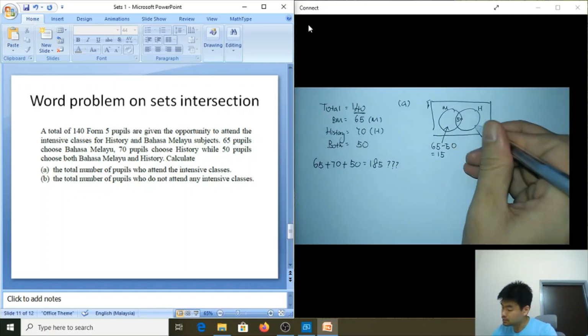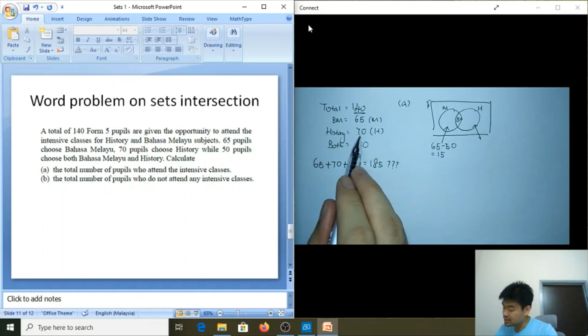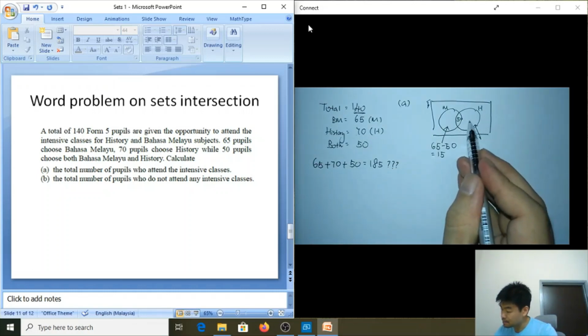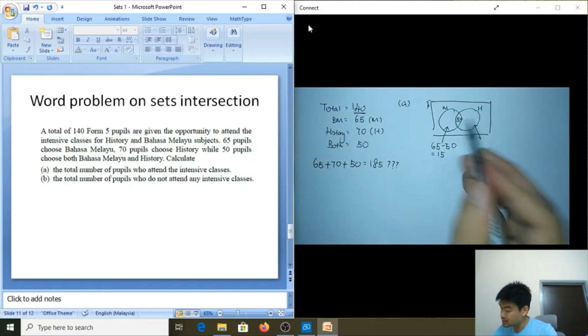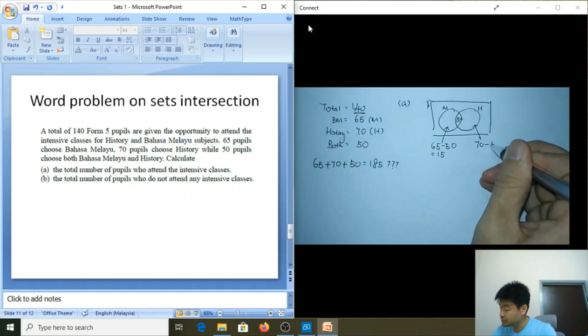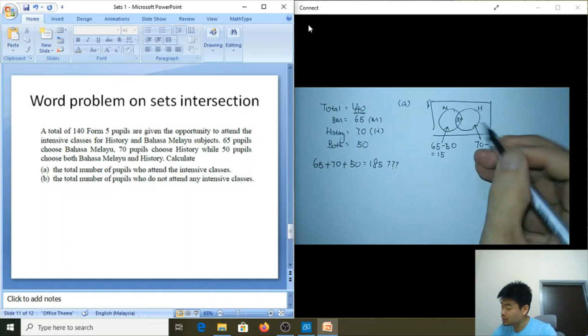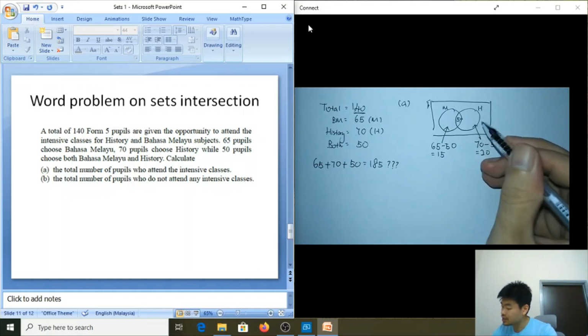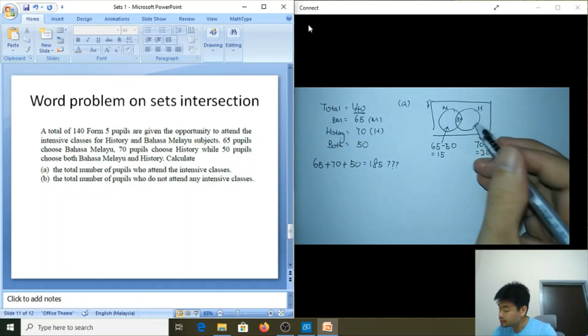How about this? I know that there are 70 pupils attending history classes, and among them 50 attending both classes. So to find how many students attend history only, I use 70 deduct 50. So there are actually 20 students attending history only.